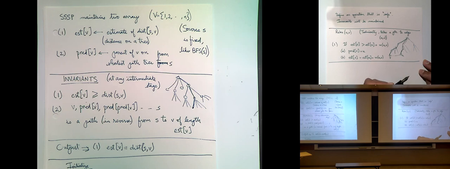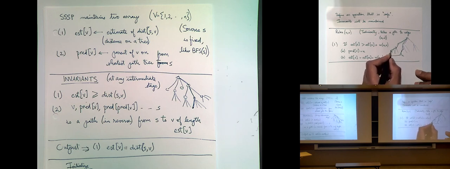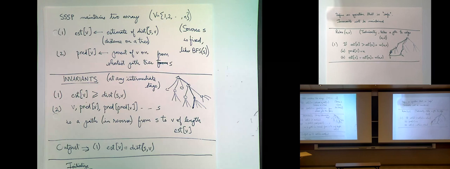So what you do in the tree is you modify it. You make the predecessor of V be U, which means you're effectively removing that edge from the tree. V is switching its parent, but it's still going to be a tree.